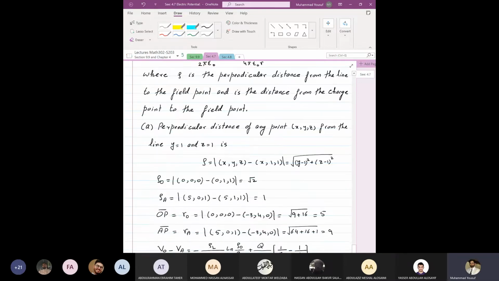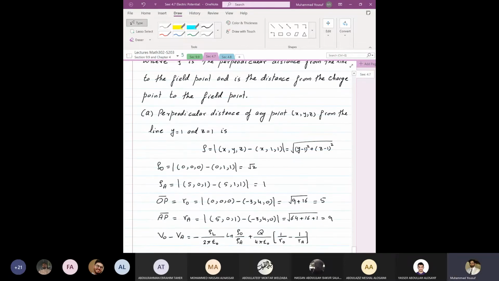Here I have written the perpendicular distance of any point x, y, z from this line y equal to 1 and z equal to 1. The closest point on the line, at the shortest distance from the field point x, y, z, is x, 1, 1.